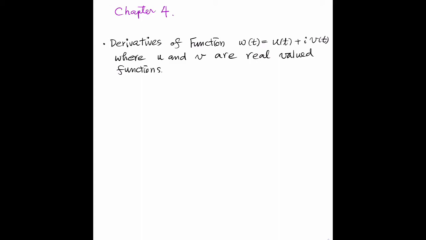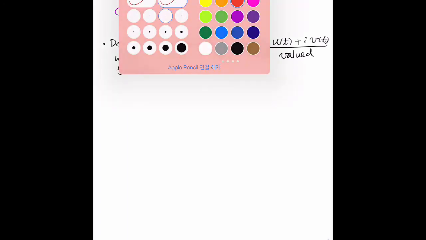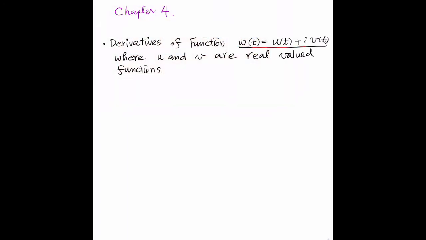Starting from today, we are going to learn some material in chapter 4. First of all, let me talk about the derivative of functions, which are written in this form: w(t) is u(t) plus i v(t), where u and v are real valued functions.